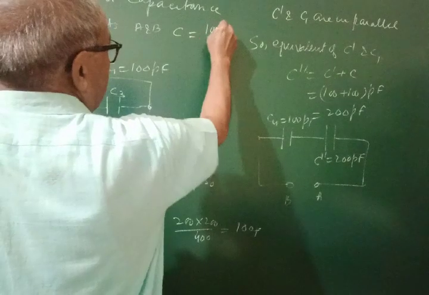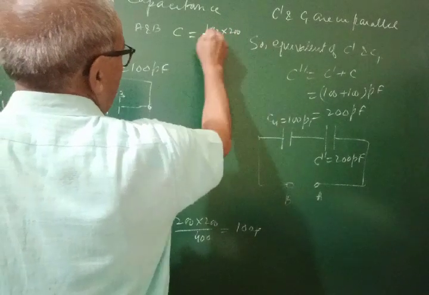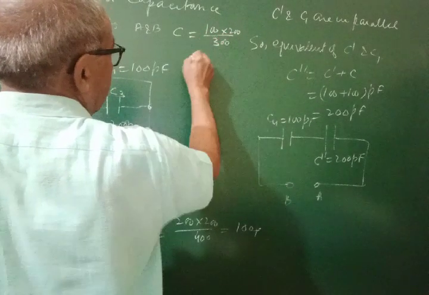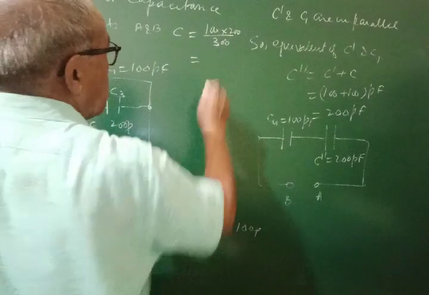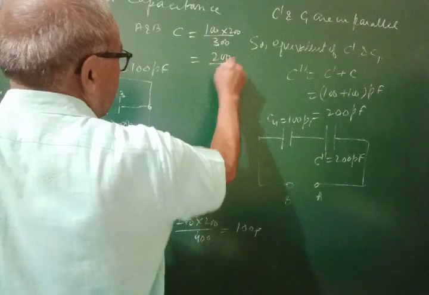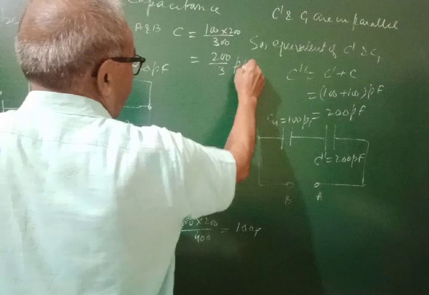So 100 into 200 upon 300 is equal to 200 upon 3 picofarad.